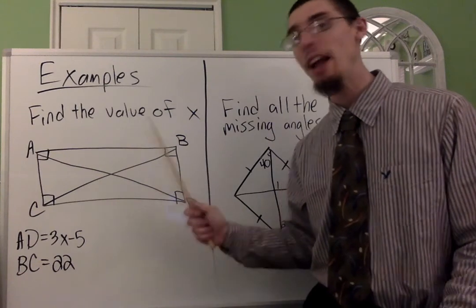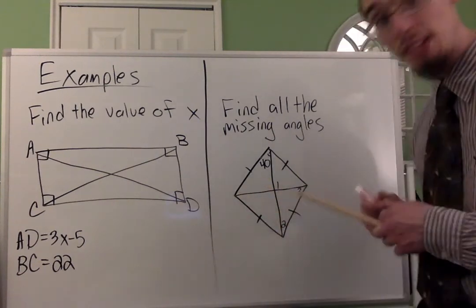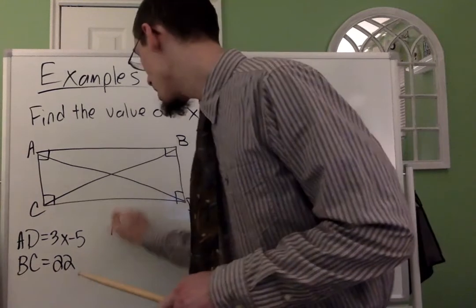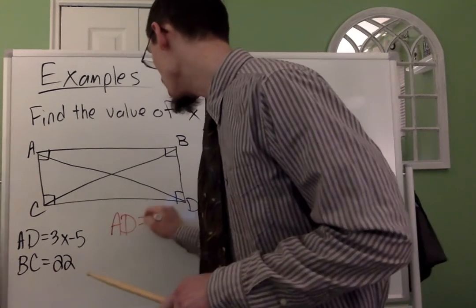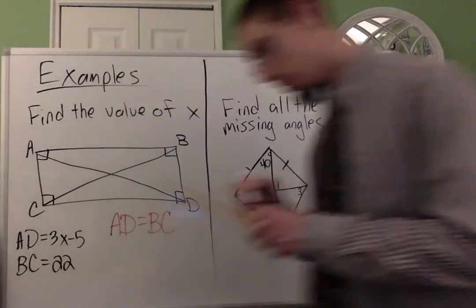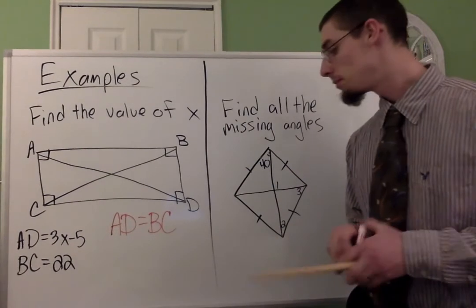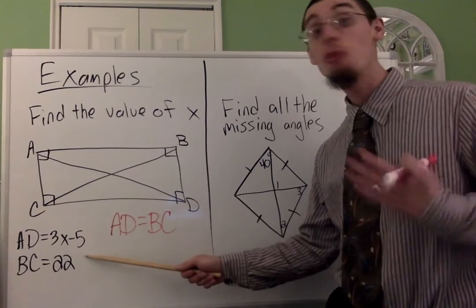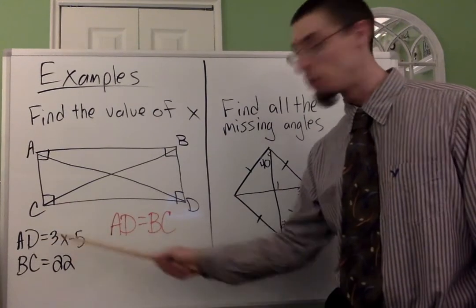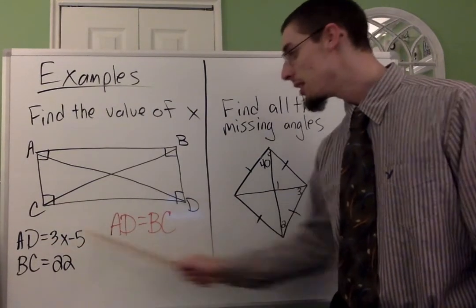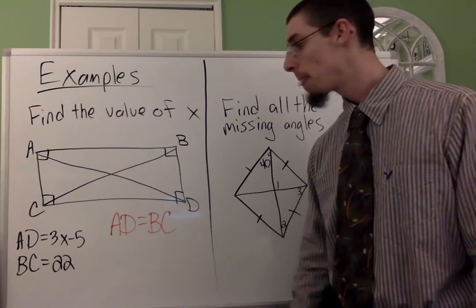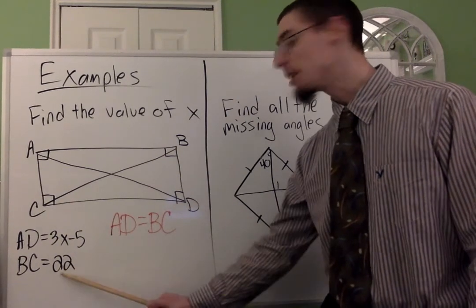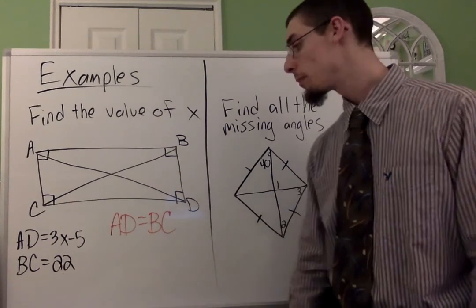Because this is a rectangle, I'm allowed to say that AD equals BC, right? And if you notice down here, I've given you values for the diagonals, right? AD is 3x minus 5, and BC is 22.